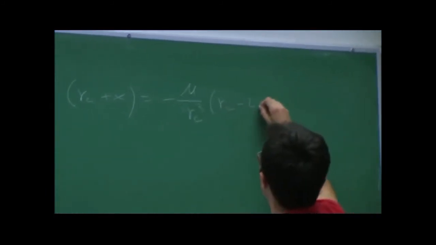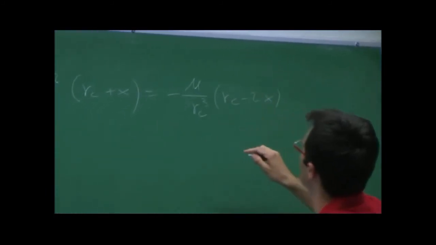I don't think there should be negative signs. Right, that's an additional one that I don't like. Thank you. Yep, it's not there. Now this makes sense, because I have a minus mu over RC cubed, RC minus 2x for this one, right? I have linearized that right-hand side that was non-linear. Now there's nothing that is non-linear here anymore.